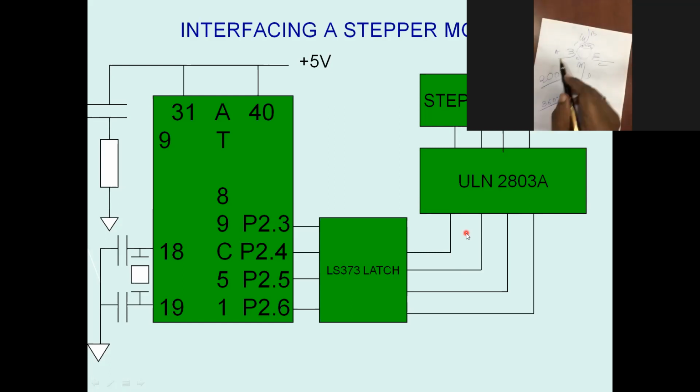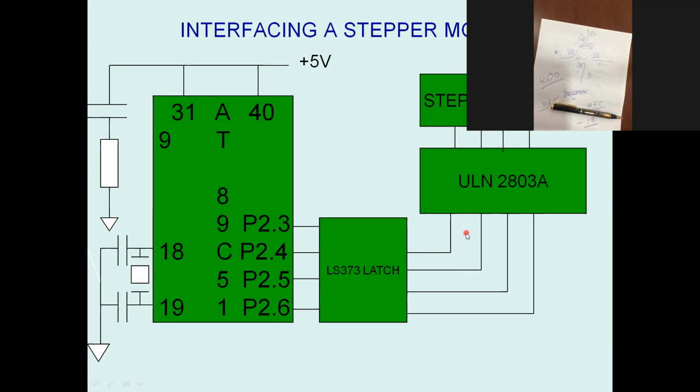So A magnet, then B, then C, and D magnet. Every step it rotates 1.8 degrees. If A, B, C, D, how much does it rotate? 1.8 here, 1.8 here, 1.8 here, 1.8 here, meaning a total of 7.2 degrees will rotate.